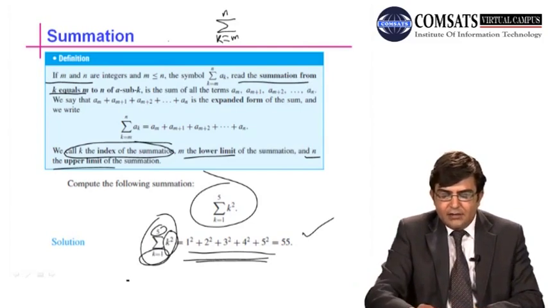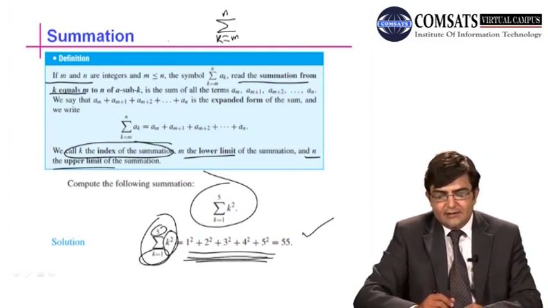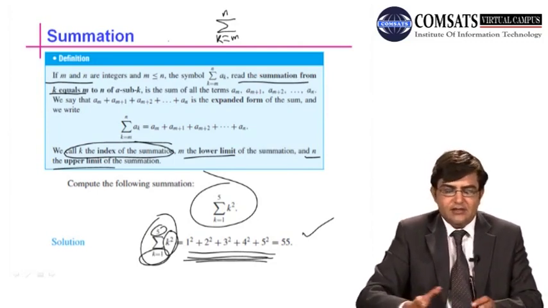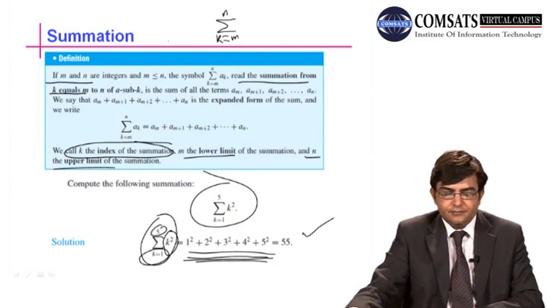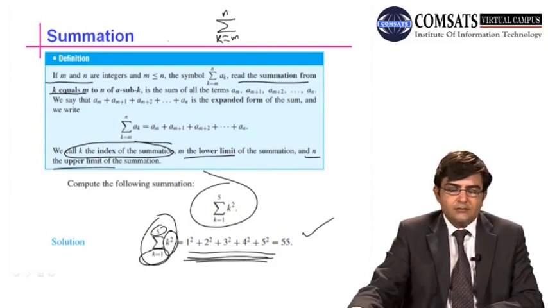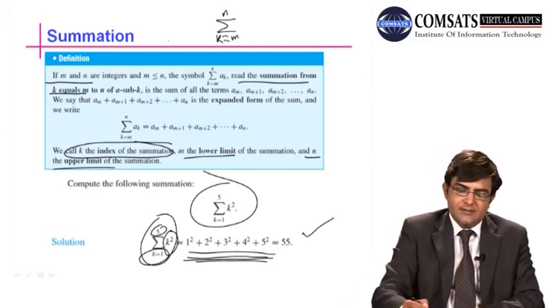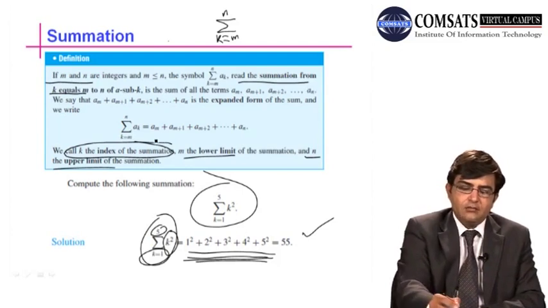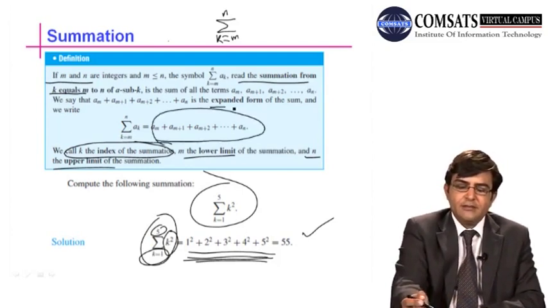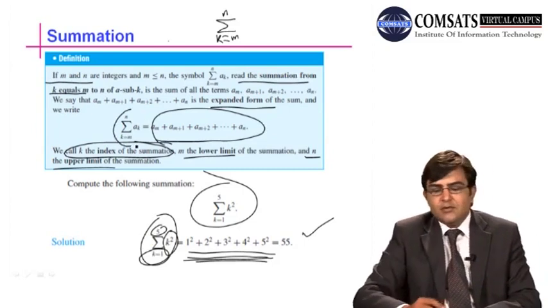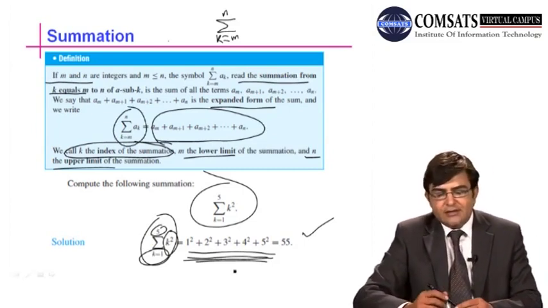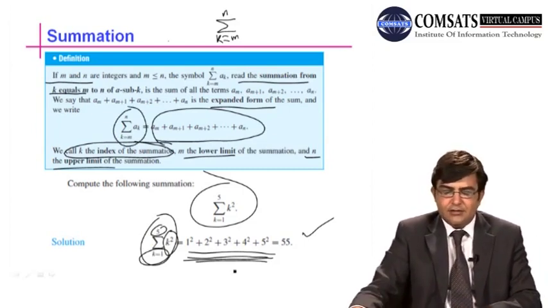So this can be expanded like this: 1 square plus 2 square plus 3 square plus 4 square plus 5 square, which is 55. This is basically called the expanded form of the summation, and this is the contracted form, or you can say the summation notation.